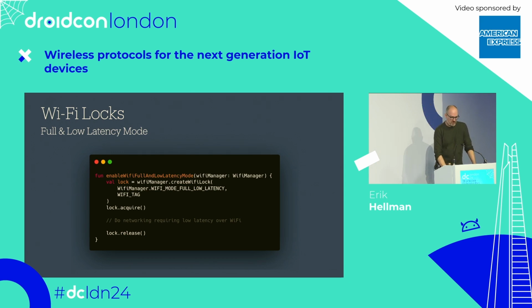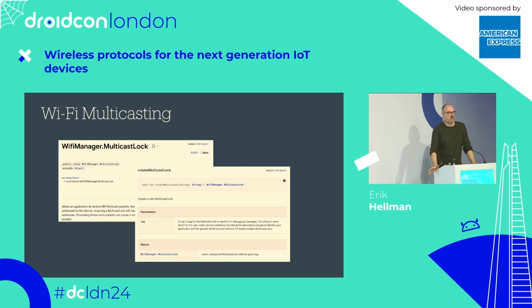Okay. The next thing is multicasting. So we rarely do this, but if you need to do your own multicasting implementation on Android to listen for multicasting packages or send multicasting packages on the local network, then you need to use a multicasting lock. It's also pretty much the same principle.